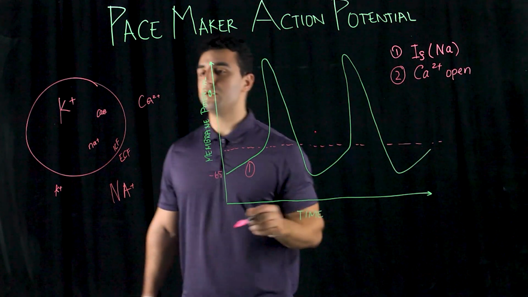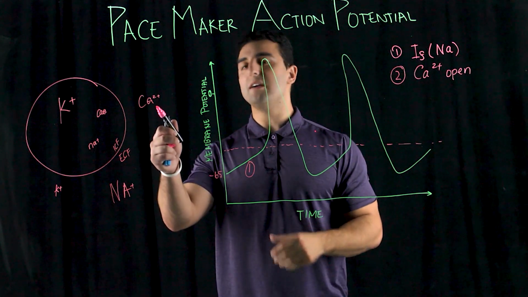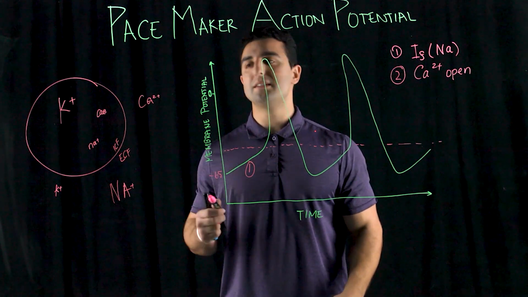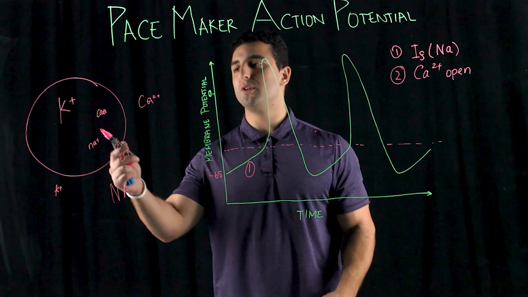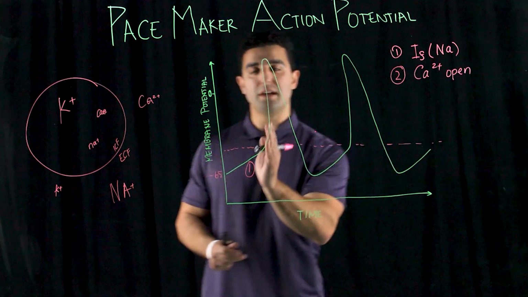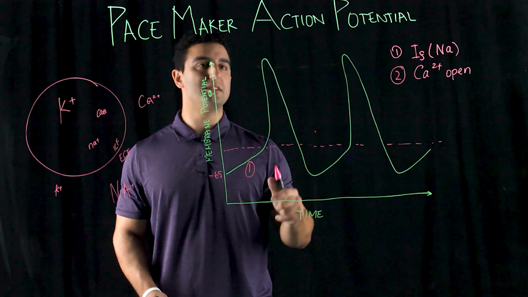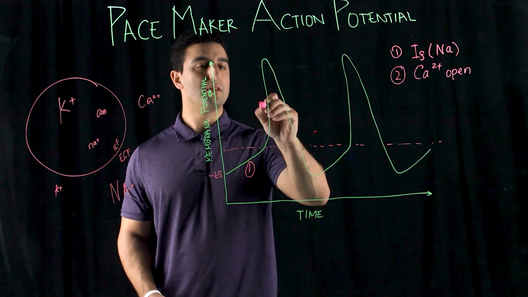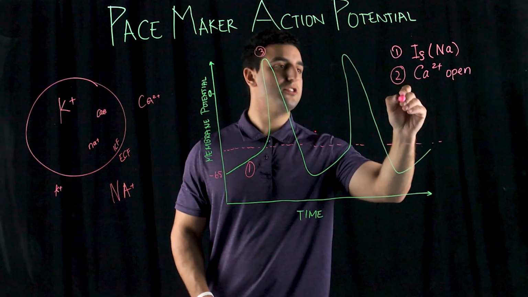From this little circle, you notice that there is a higher concentration of calcium on the outside. So what happens? It's a passive process, going from a high concentration to a low. So calcium goes into the cell, and that's why you see a further depolarization, right? So it becomes more positive, until at 3, where your actual action potential is generated.